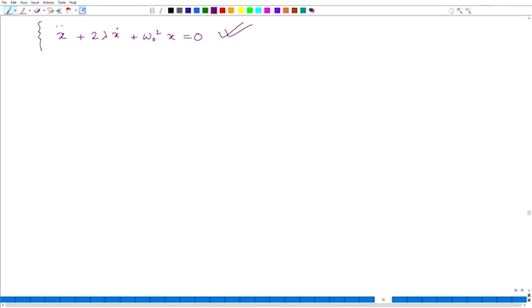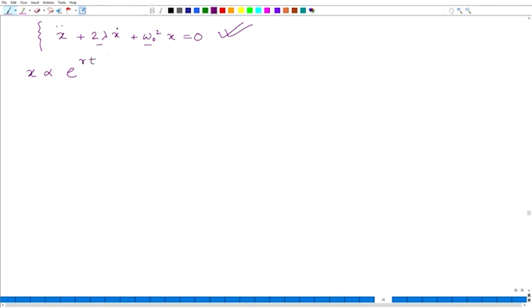So, whenever you have an nth order linear ordinary differential equation with constant coefficients, okay, a very useful trial solution is that x is proportional to some e to the power of some quantity, let us say r t.